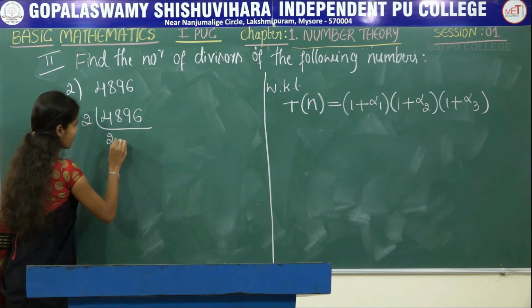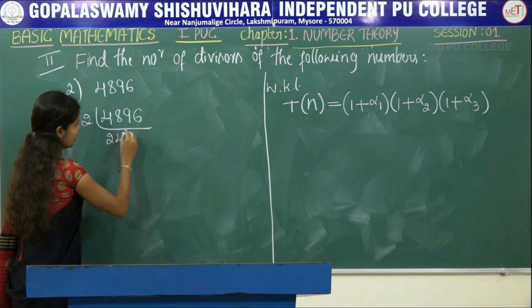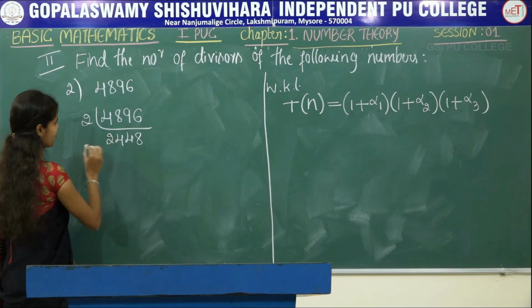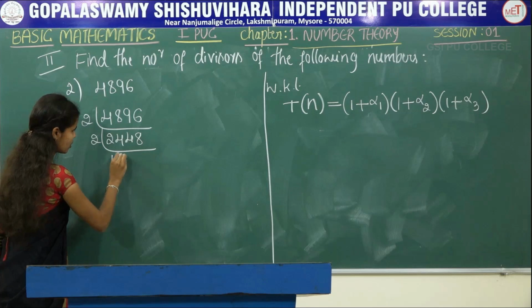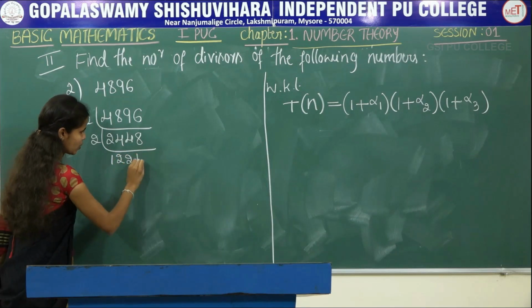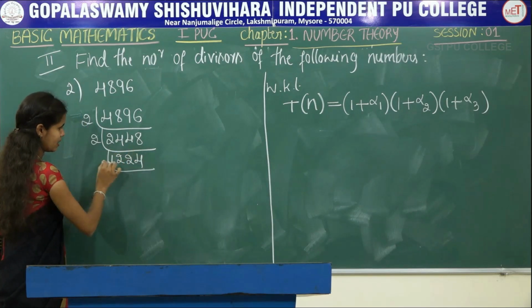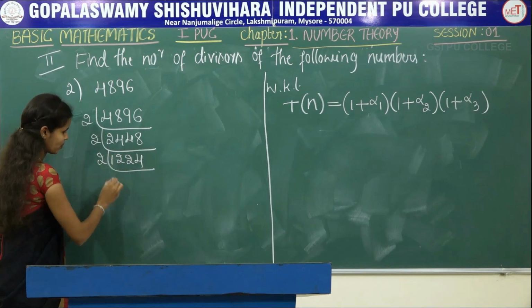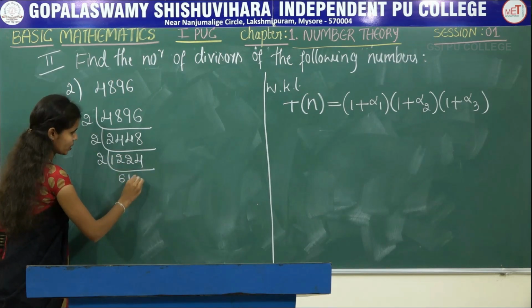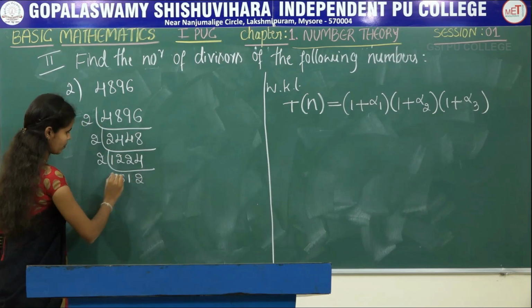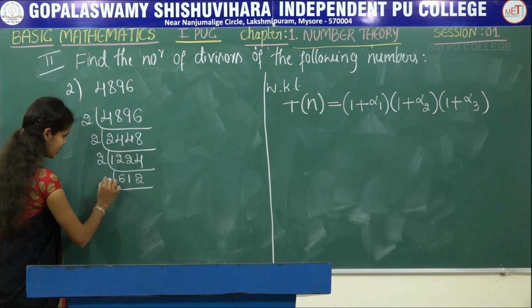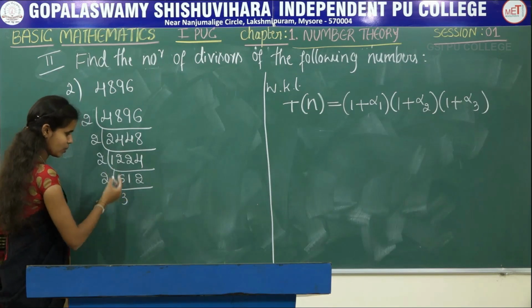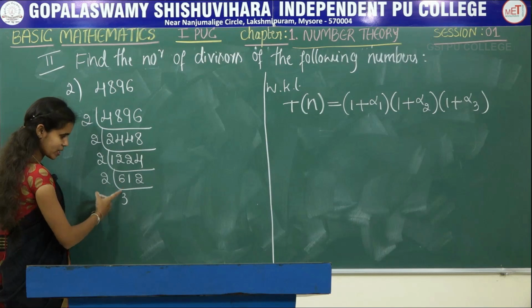So divide by 2, and again divide by 2. Next again divide by an even number, so divide by 2. Next again even number, so divisible by 2. Carefully observe here: 2 3s are 6.